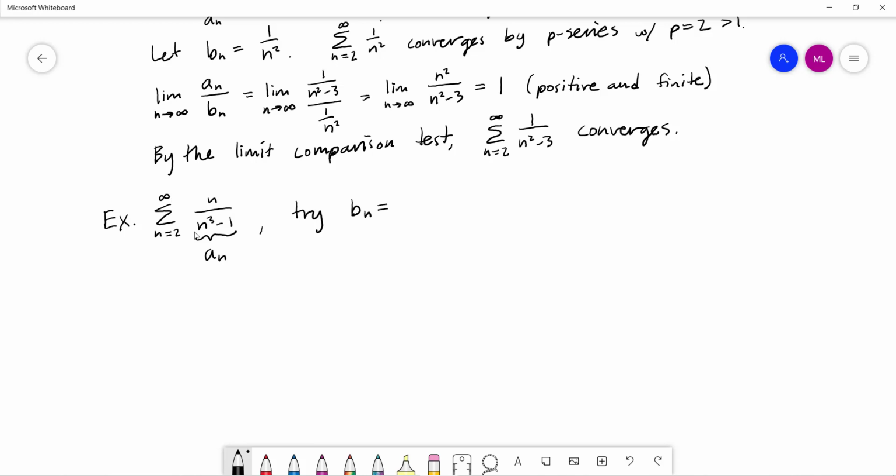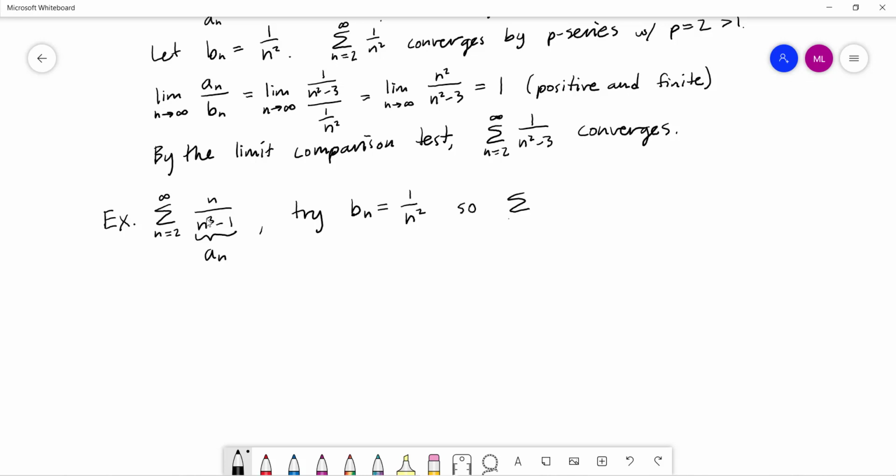N over n cubed is essentially comparing the highest power on top, a first power, to the highest power on the bottom, which is a cubed. This is going to behave largely like 1 over n squared again. So this is what I want to use in my comparison.